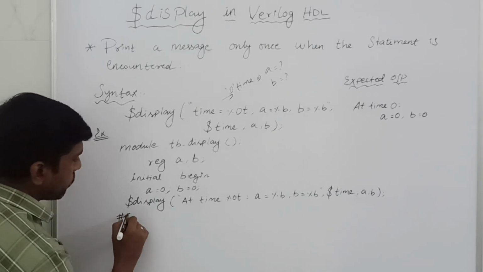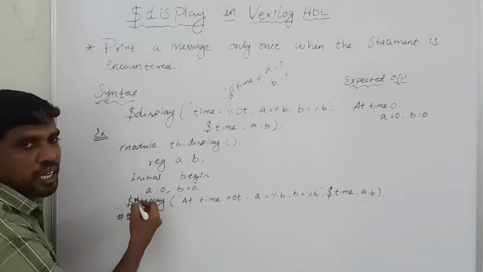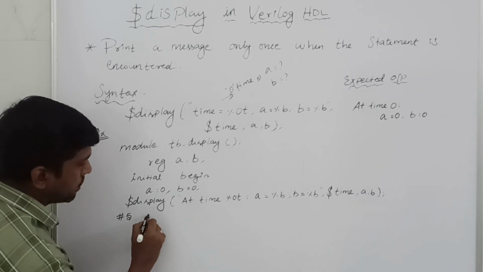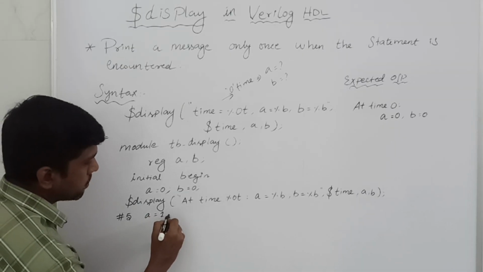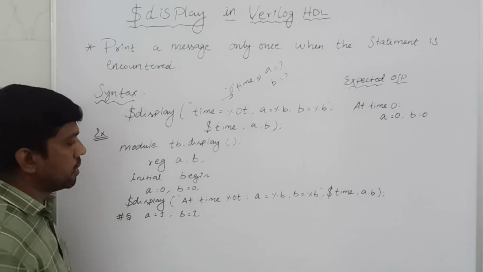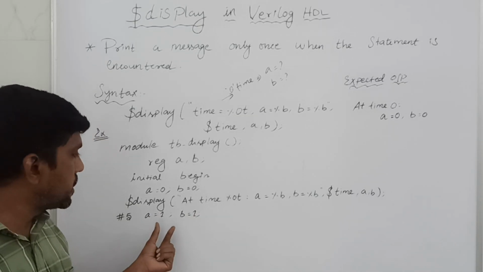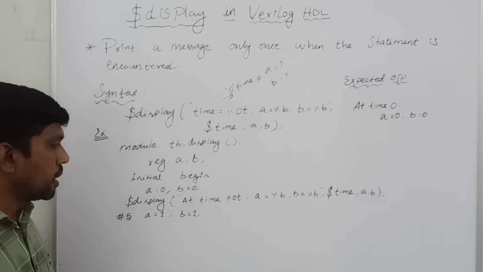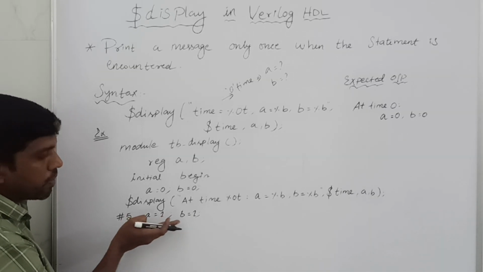Then after 5 time cycles, I change the values of a and b: a equal to 1, b equal to 1. So once again I display the value of a and b.